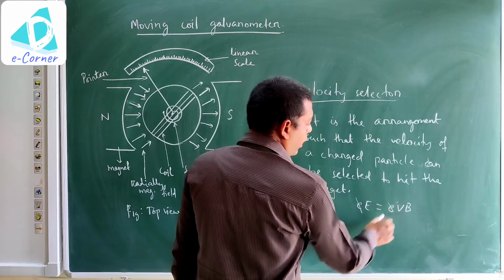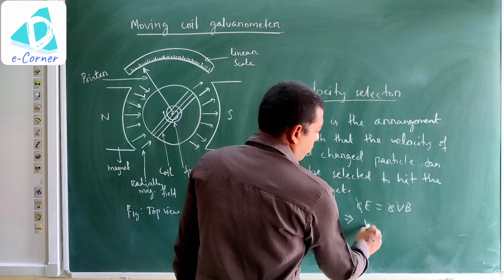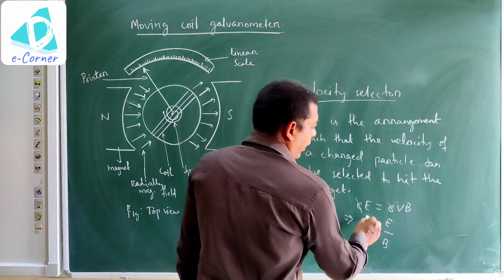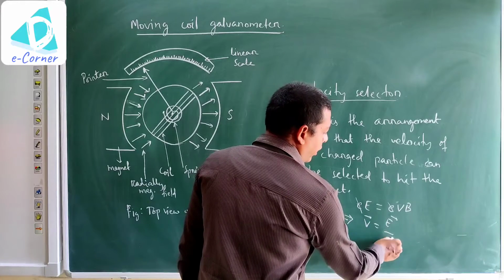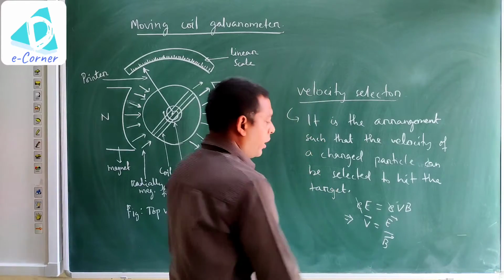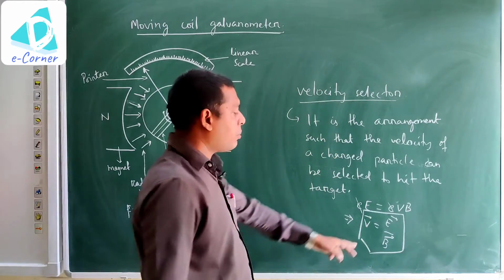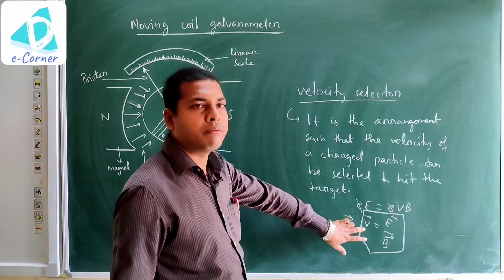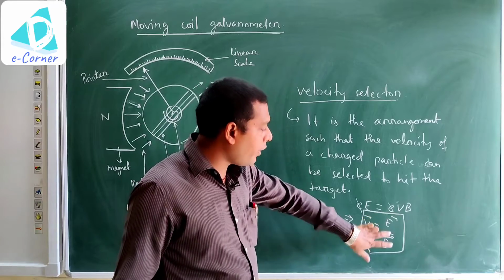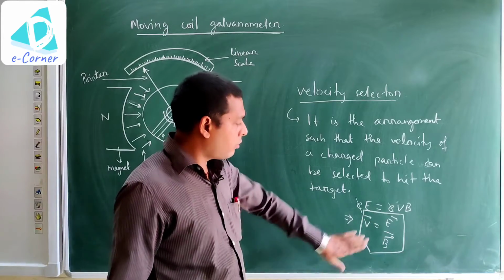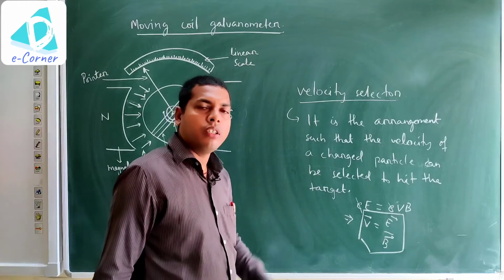Then here e will cancel, that implies v = E/B. Velocity is a vector quantity, electric field is also a vector quantity, magnetic field is also a vector quantity. So this is the expression for velocity, electric field and magnetic field. This is the relation you can use in the numerical.